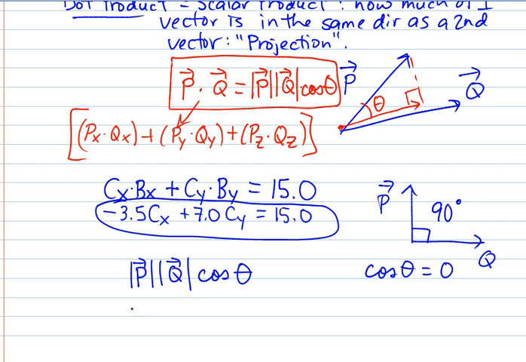So if P is perpendicular to Q, then the dot product is equal to 0. This is a very important property of the dot product.